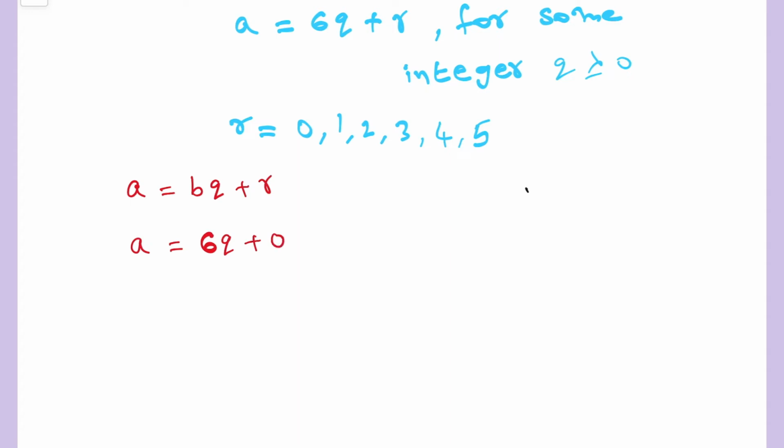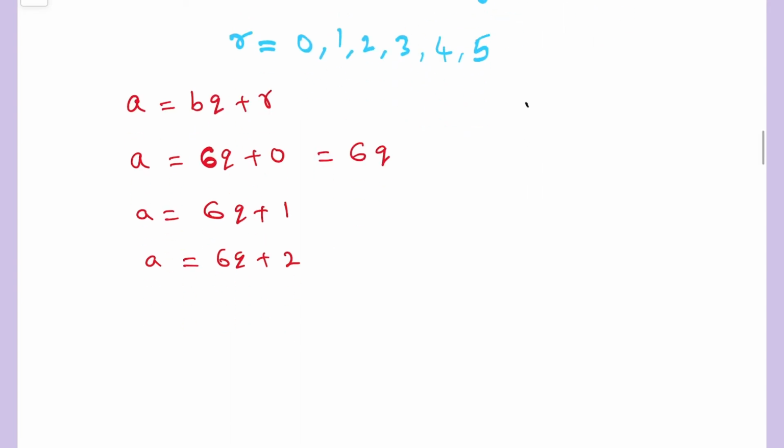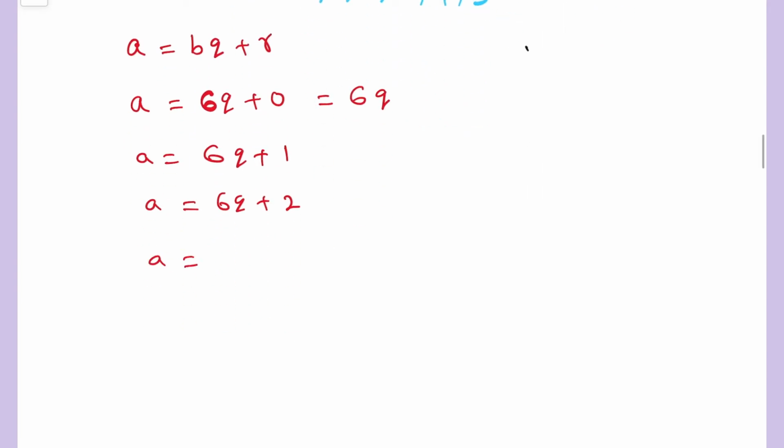First, 0 remainder, that is nothing but 6q plus 0, which is 6q simply. Next a equals 6q plus 1, then a equals 6q plus 2, then a equals 6q plus 3, then a equals 6q plus 4, then finally a equals 6q plus 5.